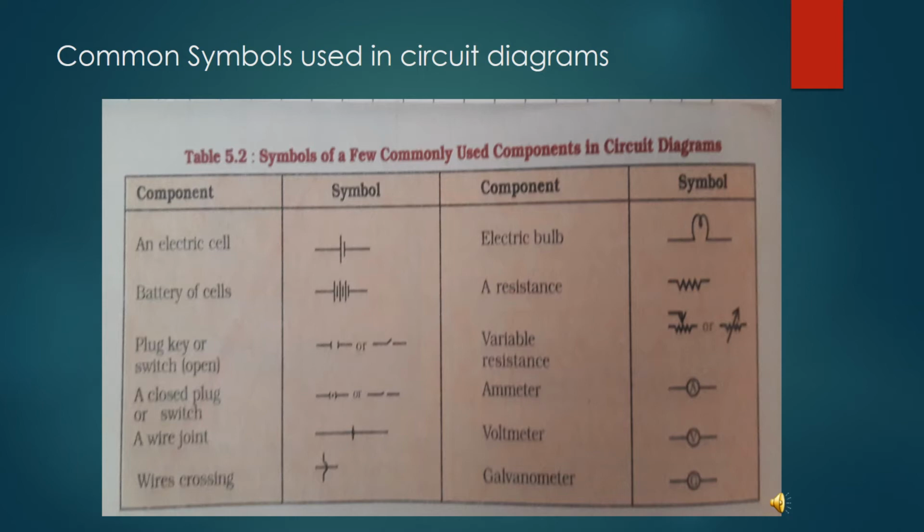We can see electric cell, battery, plug key, closed switch, open switch, wires, electric bulb, or resistance or resistor, variable resistance, ammeter, voltmeter, galvanometer. These symbols you can see in the NCERT book also. It's given from the NCERT book.